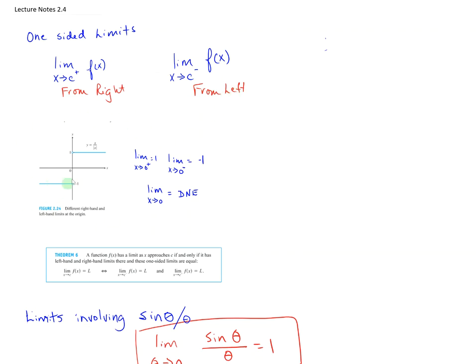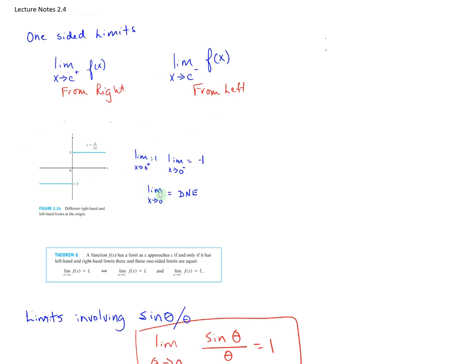So we have this graph, this blue part, y equals x divided by the absolute value of x. The limit as you approach 0 from the right. So as you come in this way, where's the limit? As you approach from the right, it's 1. As you approach from the left, you're at -1.